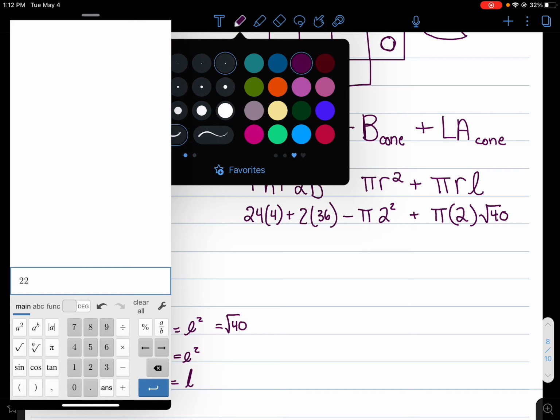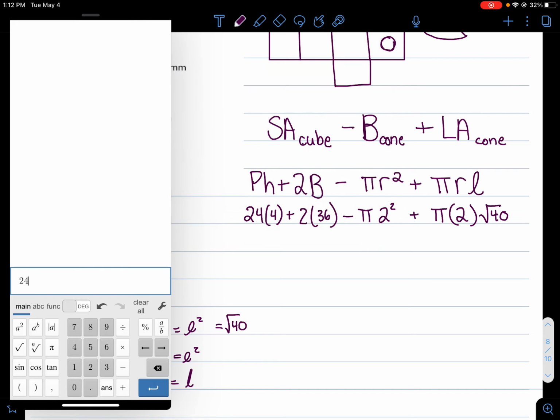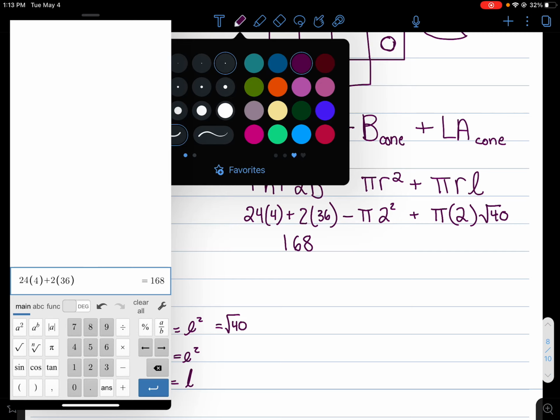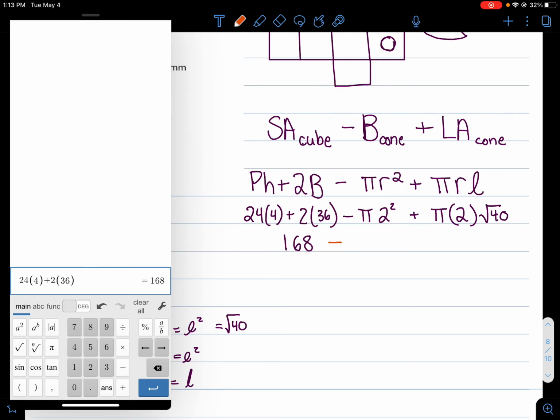So 24 times 6 plus 2 times 36. 168 is the total surface area of the cube.